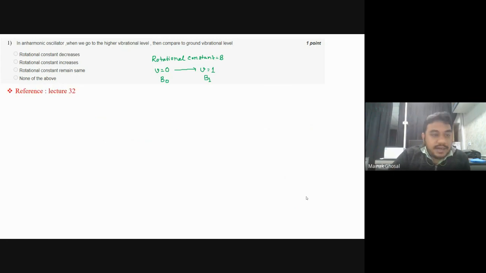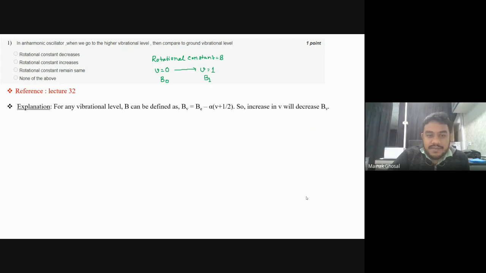You can find this answer also in lecture number 32. So this is the answer. For any vibrational level, B can be defined by the formula I wrote in the previous discussion. B as a function of vibrational quantum number V can be defined as BV equals BE minus alpha into V plus half. So this is the dependence of the rotational constant on V at any vibrational level.